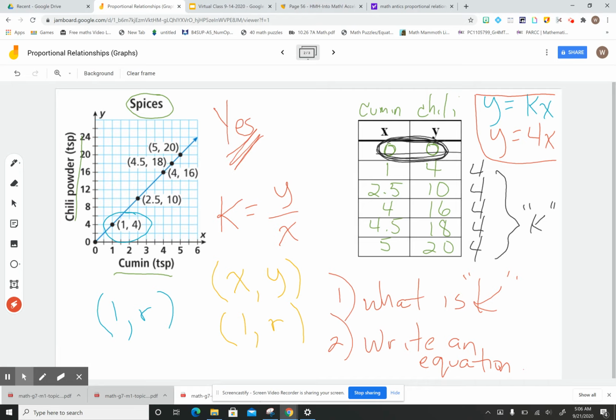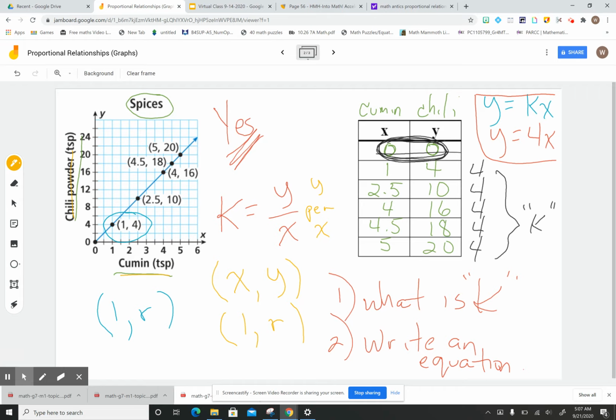Now, what does this mean in context of the table? If we wanted to write it as a rate, remember, y divided by x means y per x. What does y represent? Chili powder. What does x represent? Cumin.